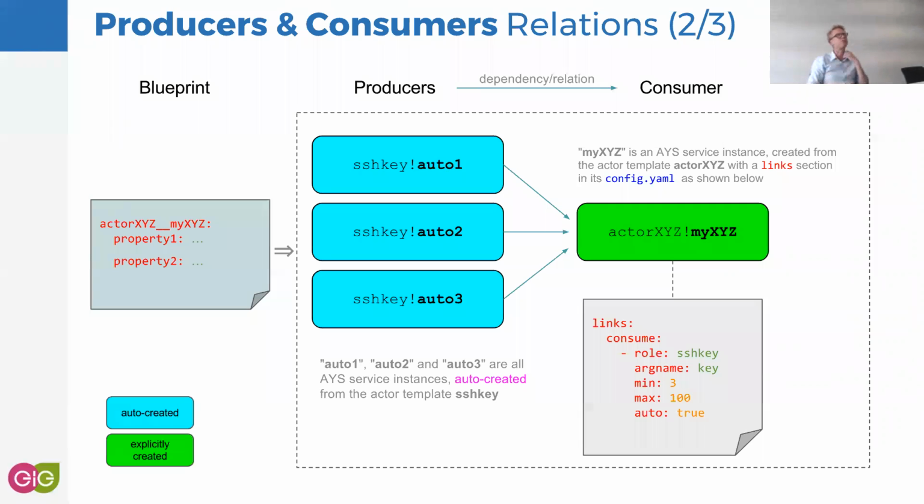So that is the producer-consumer relationship. And I'll give you a real example in a moment. Why is it so important? It's because the system then knows, when things go wrong, where to find the root cause of the problems. Imagine that for some reason an SSH key is not valid anymore. Well, this actor or this service will know, okay, then spin off another one.